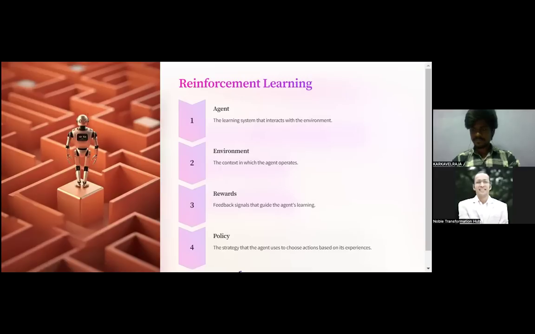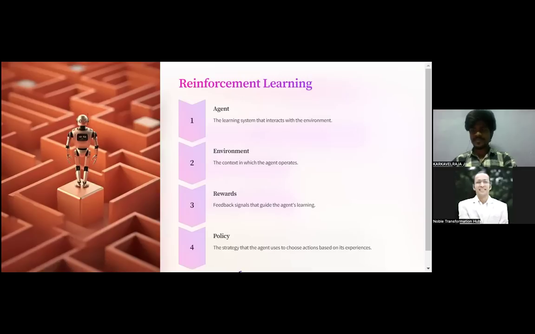The same agent can be a chatbot, and the environment will be the NLP and the content in it, and you ask a question, it will answer. So it varies according to the objective function, guys.